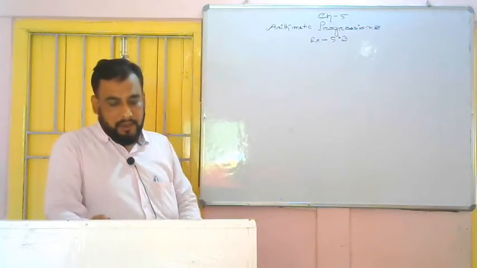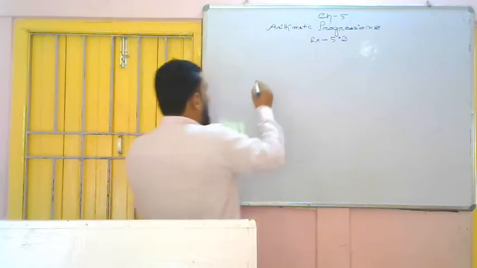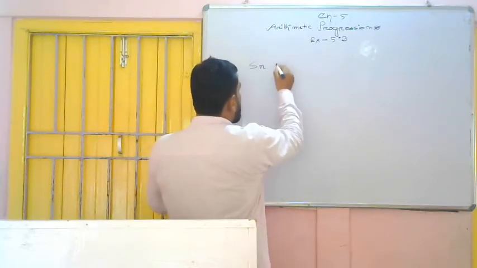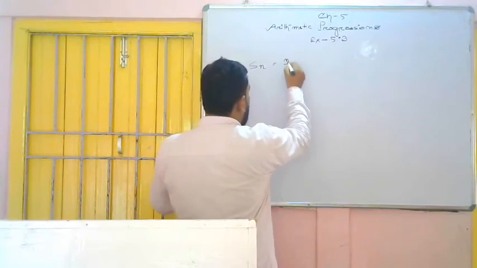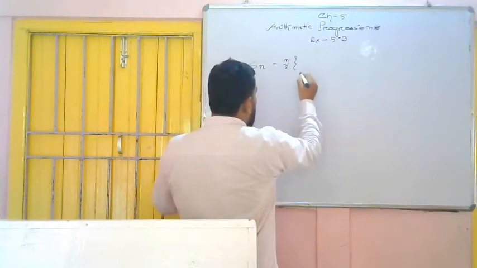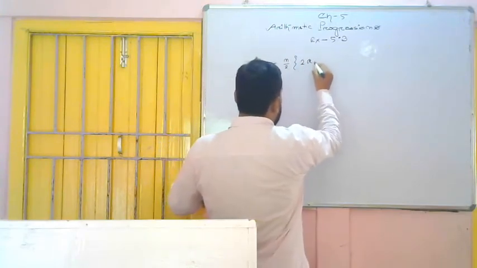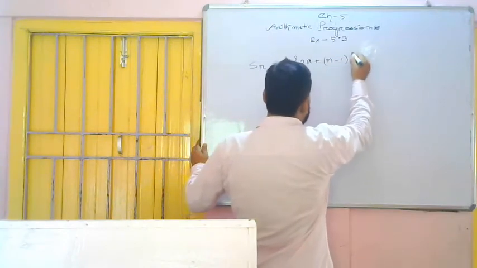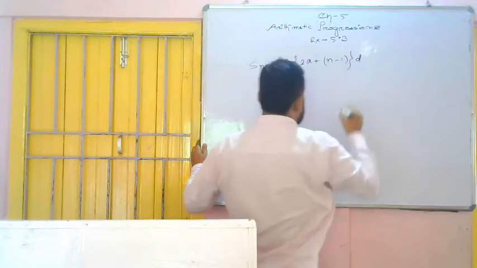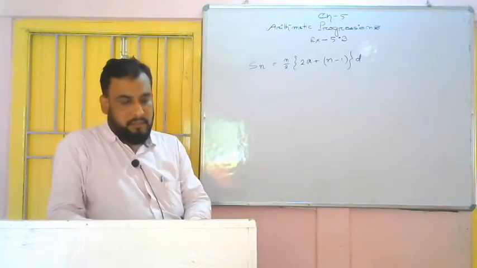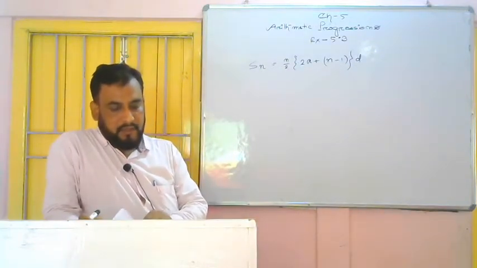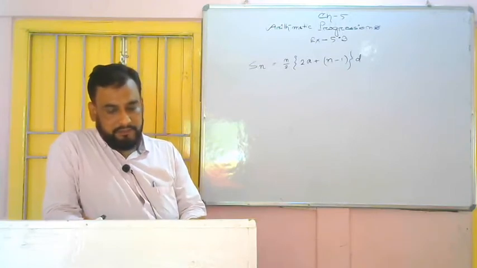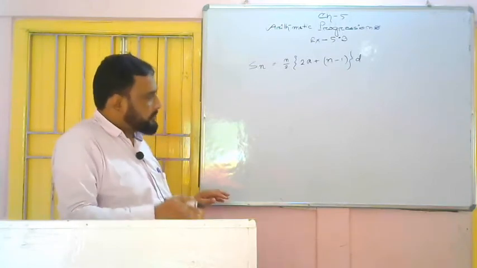Again I am repeating. To find the sum of an arithmetic progression, Sn is equal to n by 2 into twice a plus n minus 1 into d.